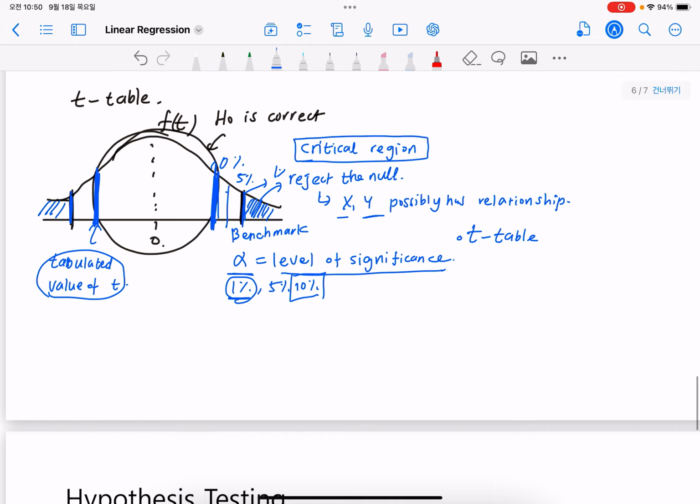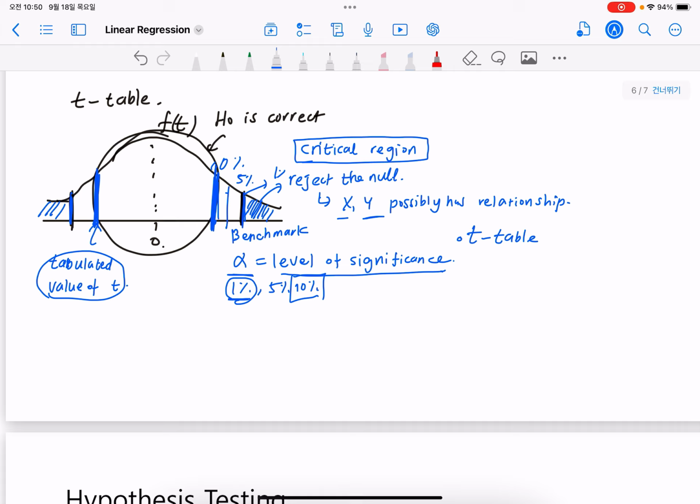So let's say, for example, we set the alpha to be 5%, right? Then that means that the region on the right-hand side would have 2.5%. Here we also have 2.5%.